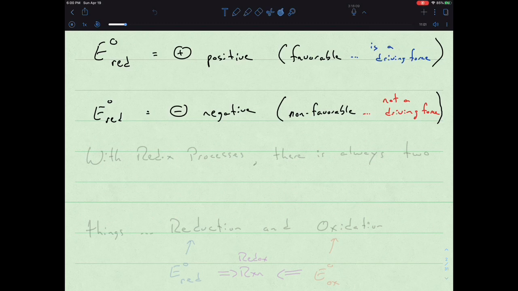So that's looking specifically at the reduction side of things.